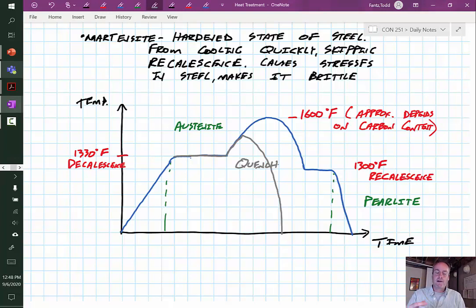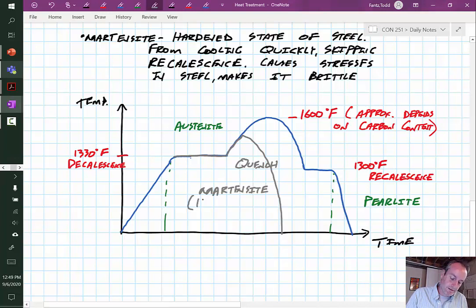We don't have that flat where at the molecular level things are going back to normal. So we basically froze it in place. This is now where we're talking about a hardened steel. Like in our definitions, state-wise, this is the martensite state, also known as hardened steel.